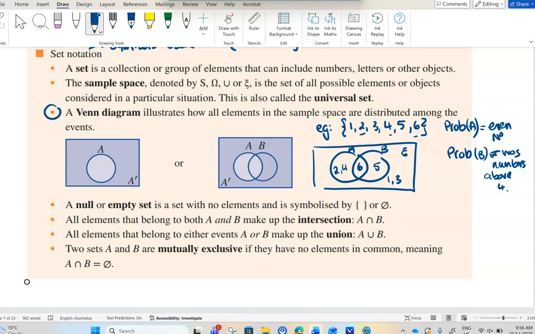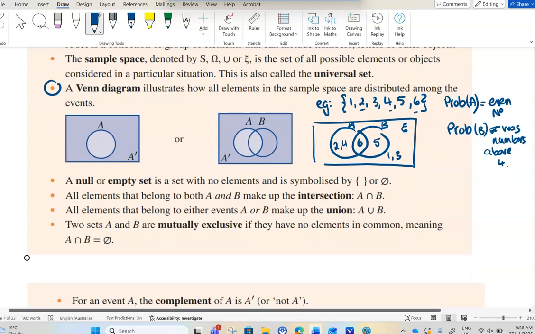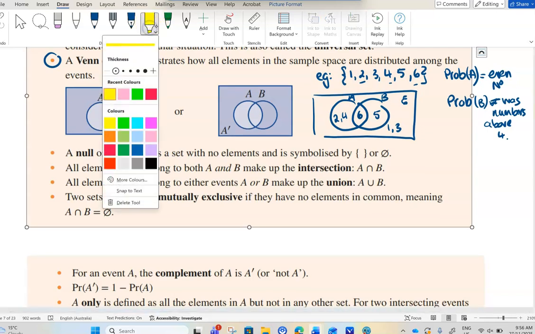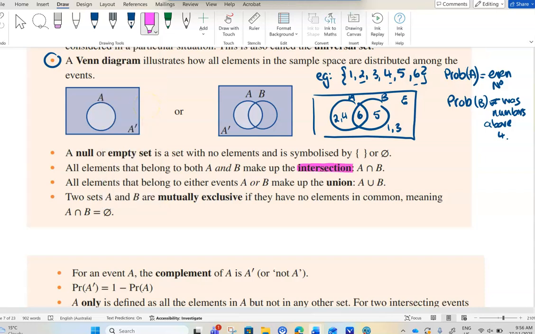Don't worry too much about that empty set, but this one, I'm going to highlight. This intersection is this bit here. It's where both of them are in. Instead of me writing out intersection, can you see this symbol?